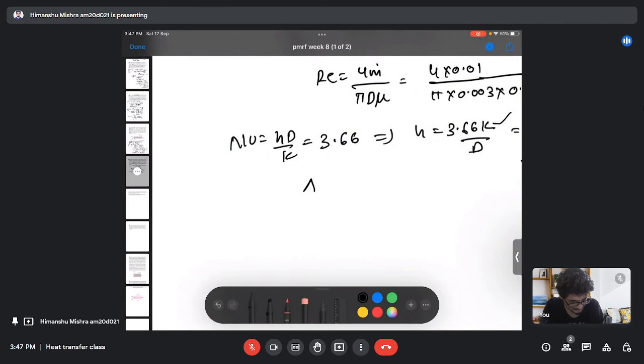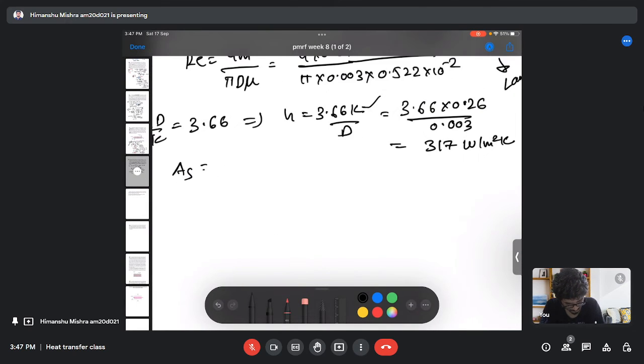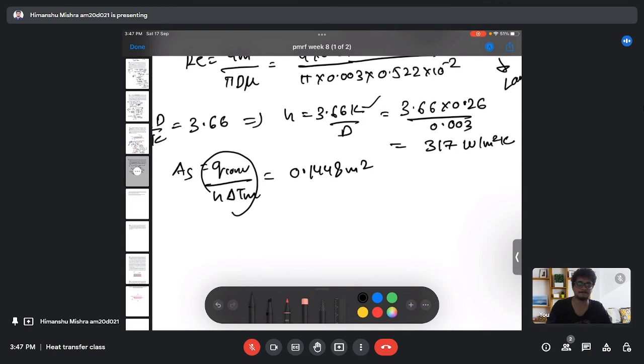So now I can find my area based on this expression. We just need to plug in the values and we will find the area is 0.1448 meters square.